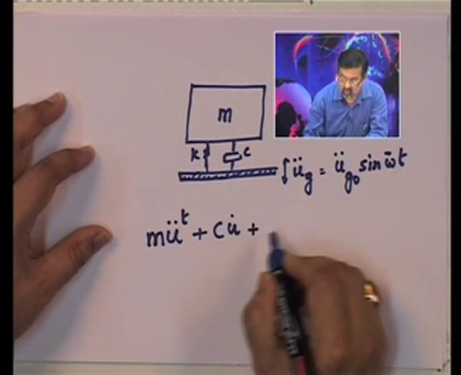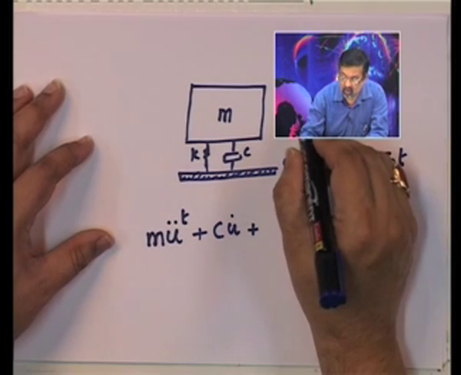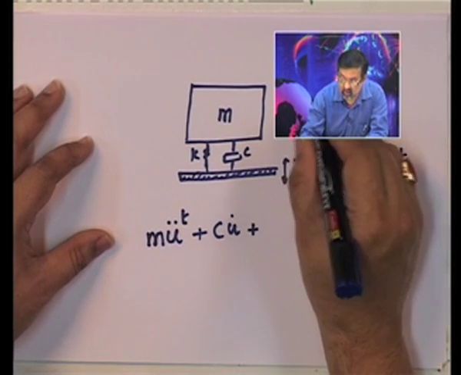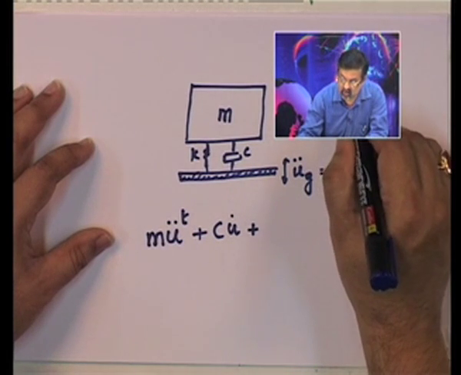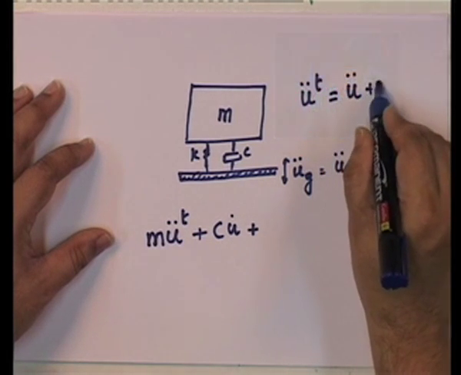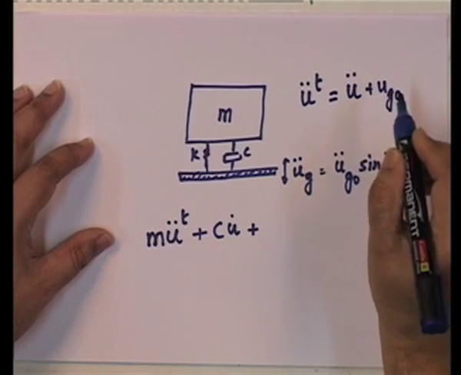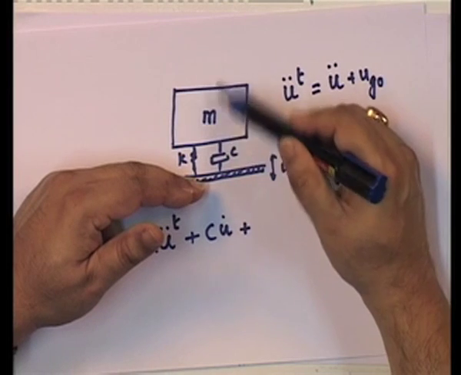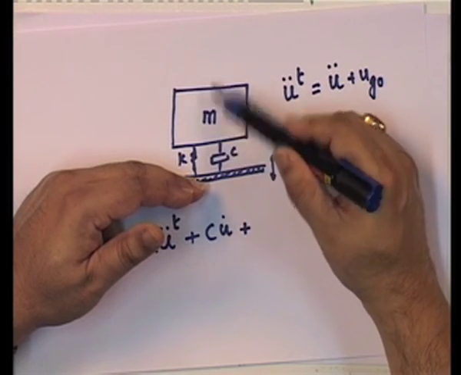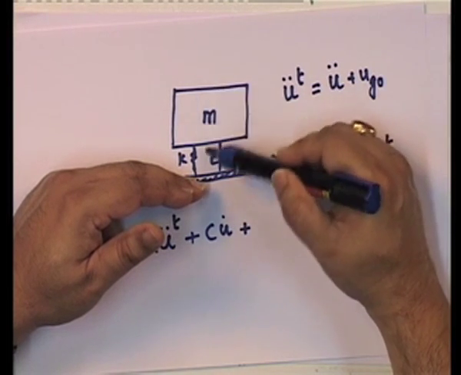Okay. So, essentially the total acceleration is equal to the relative acceleration plus the ground acceleration. Because if the ground was steady and we looked at this, that would be the relative acceleration of this system.